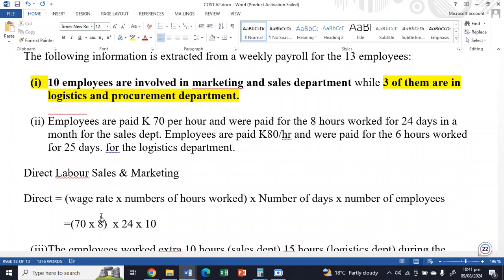Yes, Madam Marvelous. 900. Okay, 134,500.